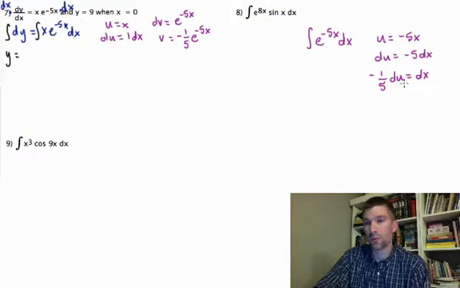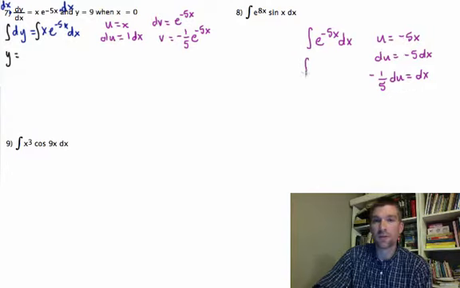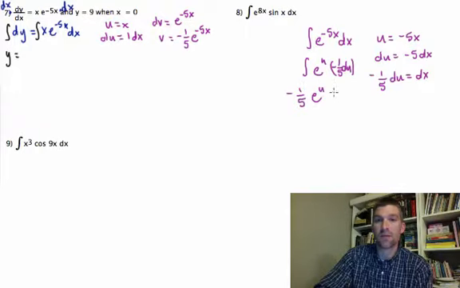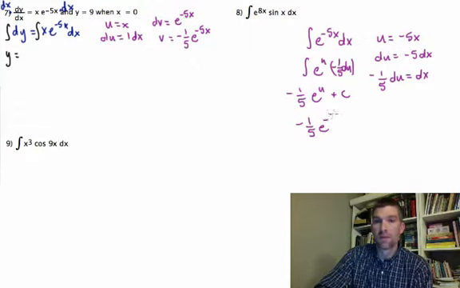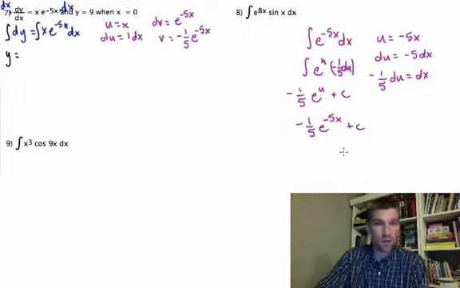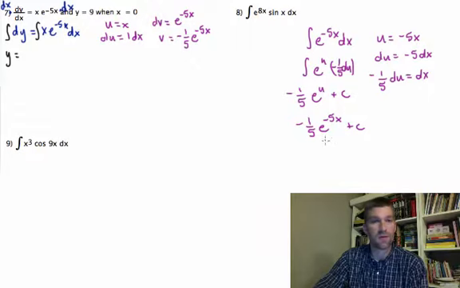Now I went through all those steps really quickly, but when you make your substitution, you have e to the u times dx, which is negative 1/5 du. Now when I integrate that, I have negative 1/5 times e to the u plus c. And what is u? It's negative 5x. So we really like e to the x. He's really nice to work with. He gives us clean integrals and clean derivatives.